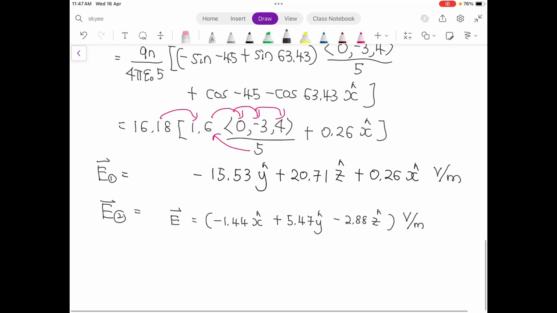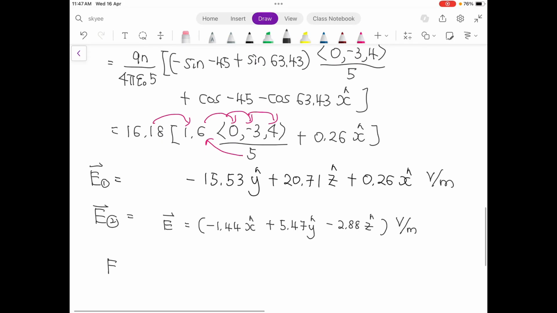Now we have to sum them together to find the E total. We need this E total. So X would be negative 1.18. This is the X. And for the Y, it is 10.06.